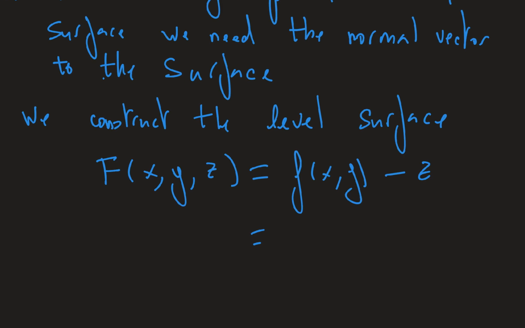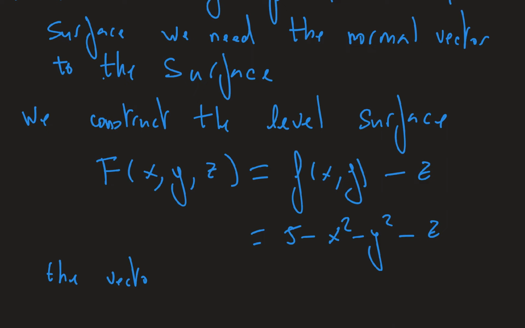So what is f of x, y? It is 5 minus x squared minus y squared, minus z. So this is a new function that we construct.